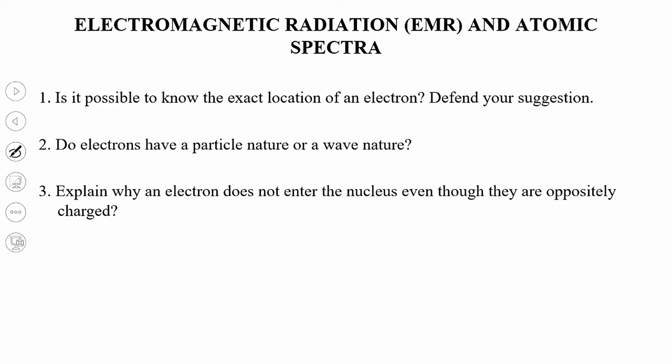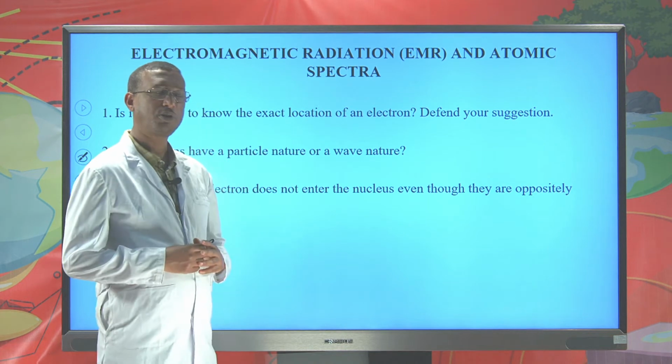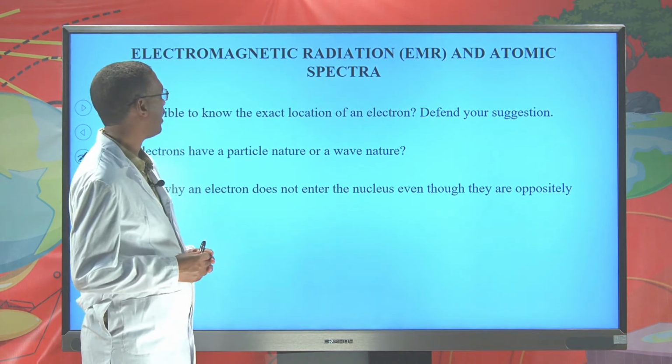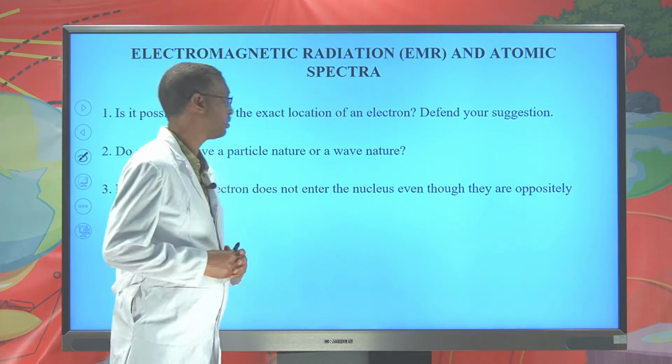Is it possible to know exactly the location of an electron? You know that electrons always revolve around the nucleus. So is it possible to know exactly the location of an electron? Defend your suggestion.